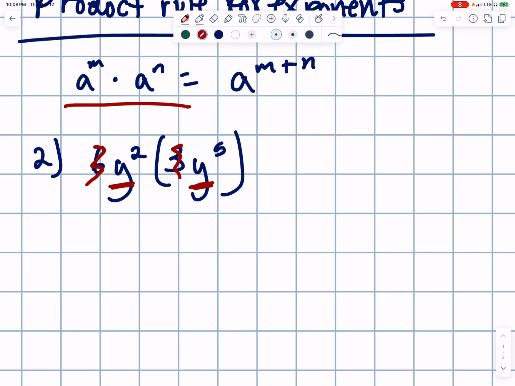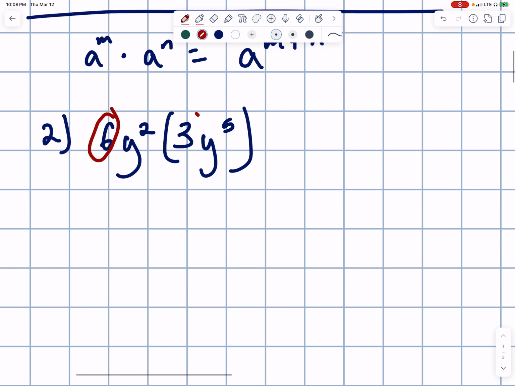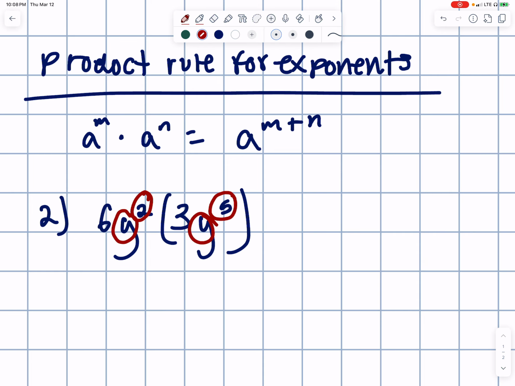But we're running into an issue here where we have coefficients, and that's fine. These numbers will be multiplied together, 3 times 6. If they were the same number, you would multiply them together because the base of that coefficient is y, and the base of this coefficient is also y. That is the product rule for exponents.